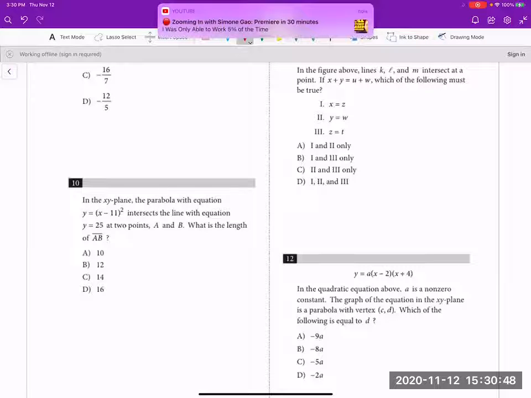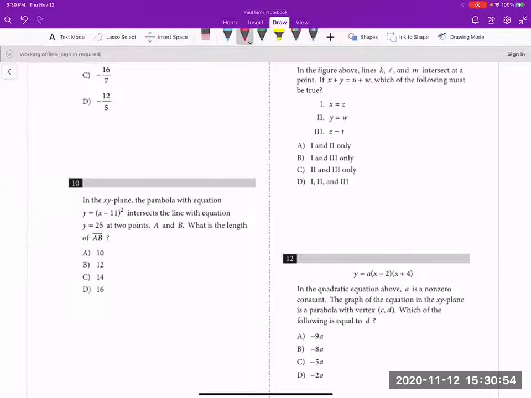What is the length of AB? Is A. Or you could just do that.